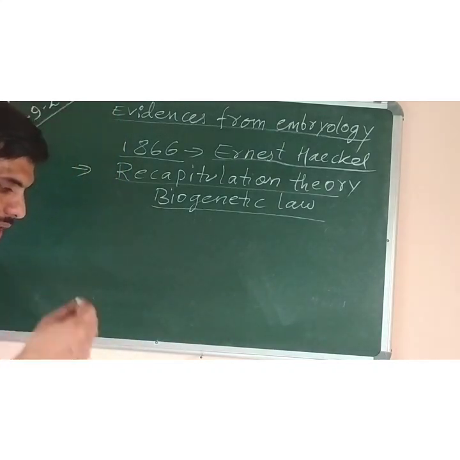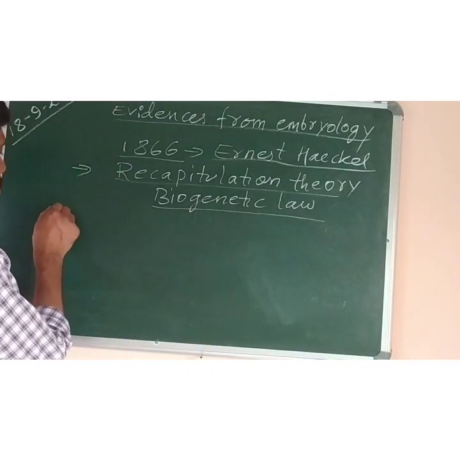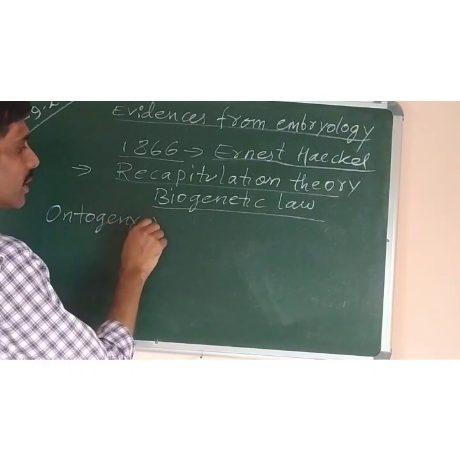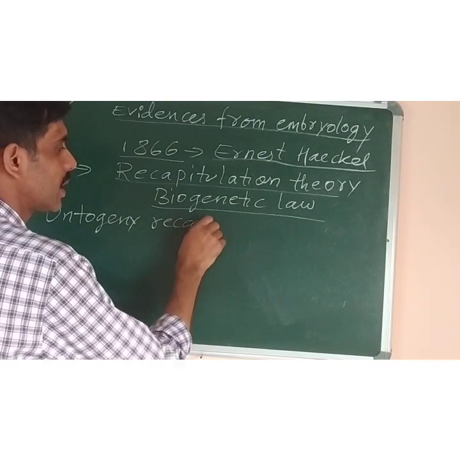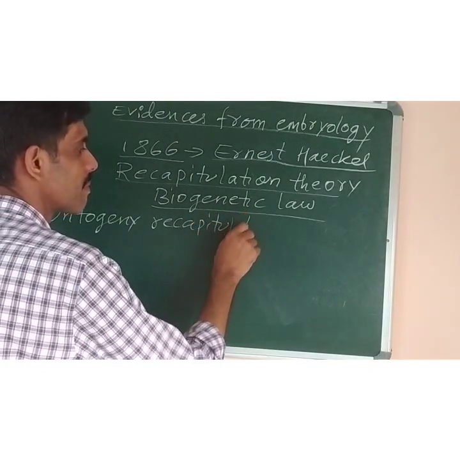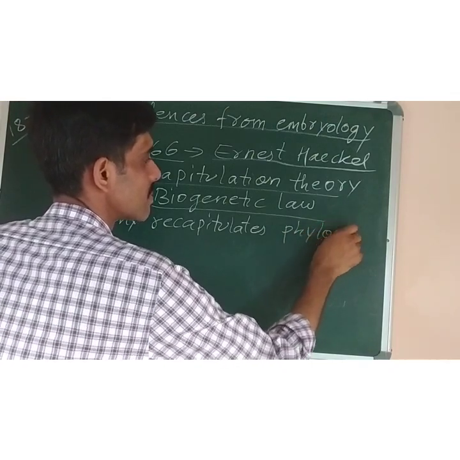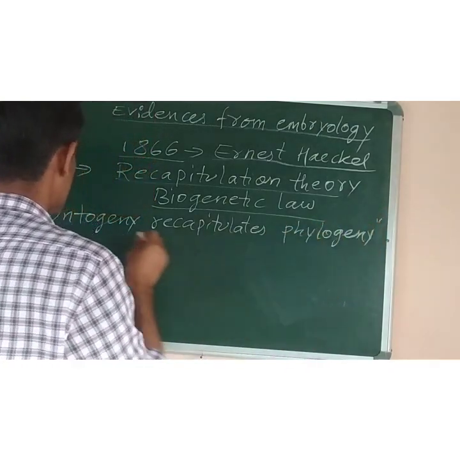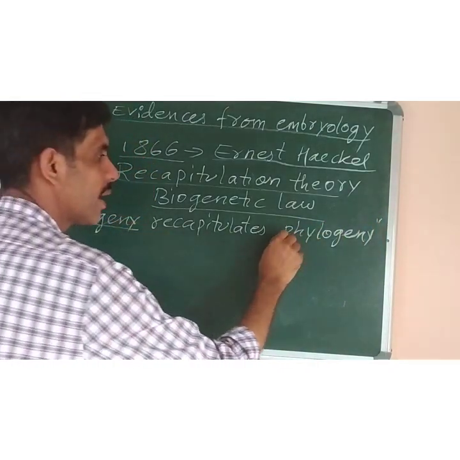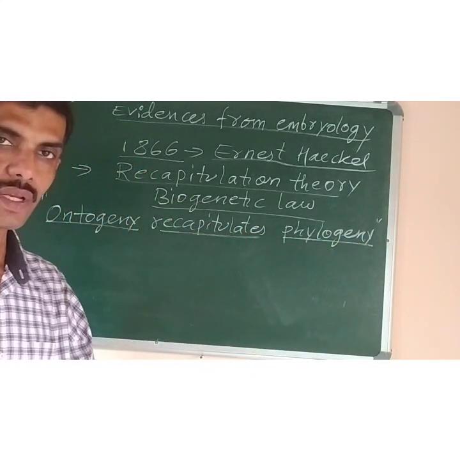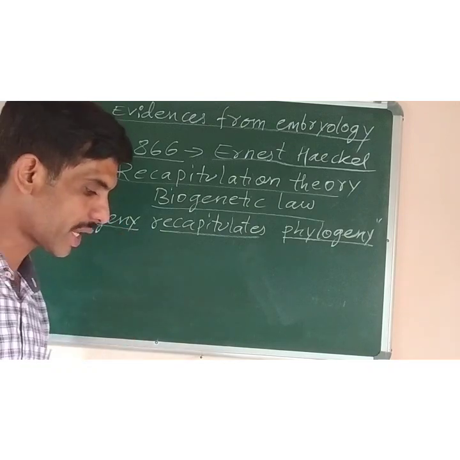I'll just stress on those words: ontogeny recapitulates phylogeny. Ontogeny, phylogeny, two words; recapitulates means repeats. So what is the meaning of ontogeny?